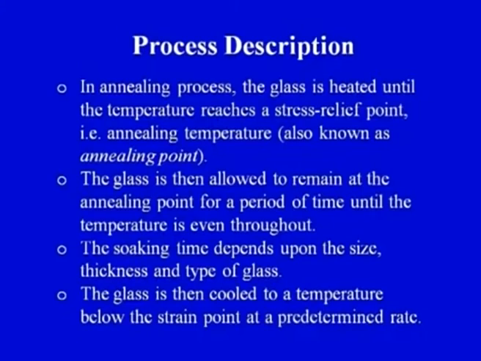The glass product is then allowed to remain at the annealing point for a specific period of time until the temperature is even throughout, means that the total product has the same temperature, or we have different points within the product which are at the same temperature.